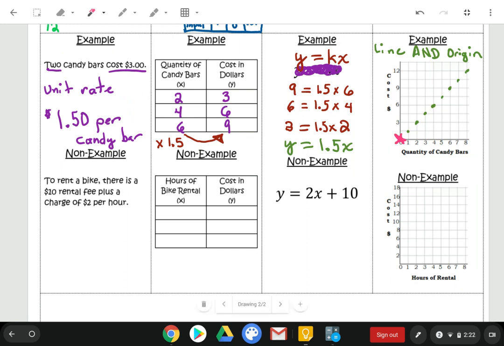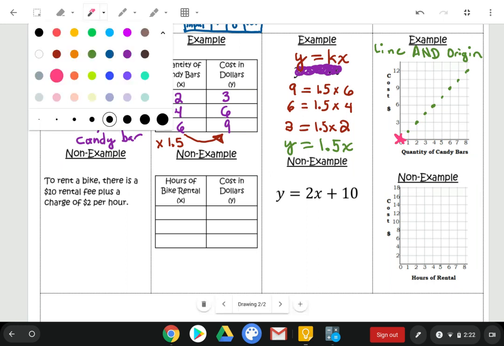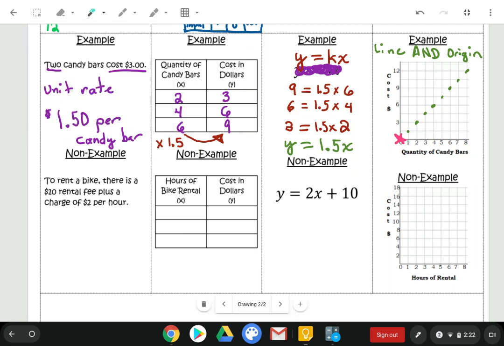Okay? Now, let's look at an example or non-example of a proportional graph. Sorry guys, got tongue-tied there. Anyway, it says to rent a bike, there is a $10 rental fee plus a charge of $2 per hour.